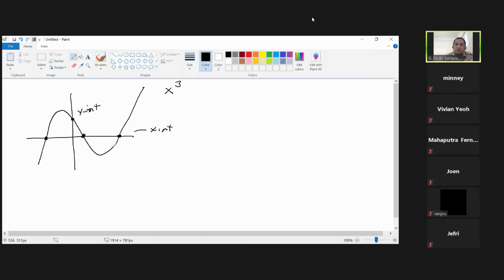Furthermore, aside from this, we also learned that in a graph there are parts of the graph that we call stationary points. Again, what are stationary points?